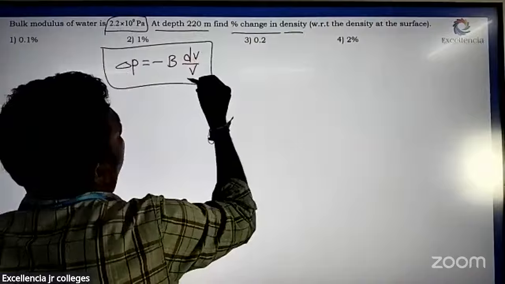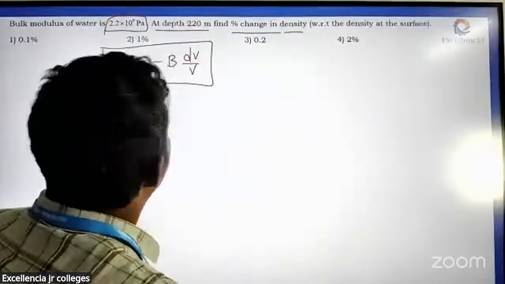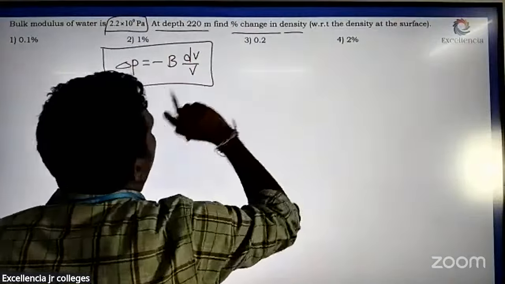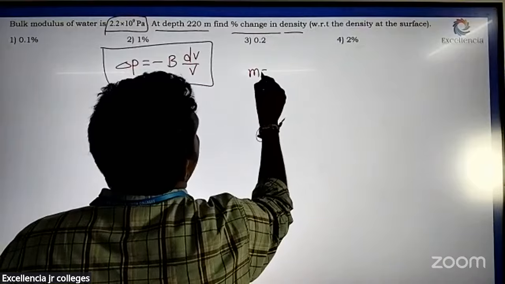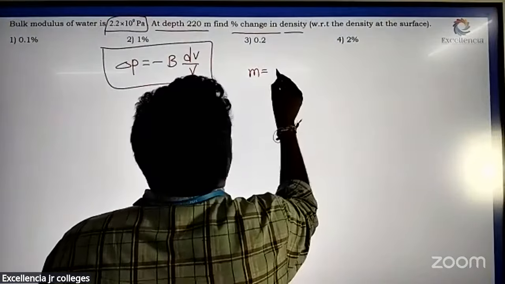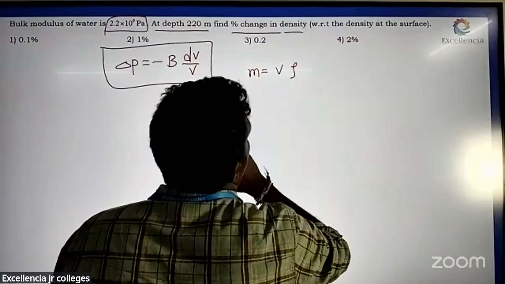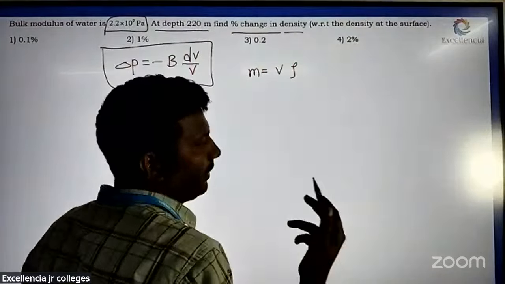We have the bulk modulus, but they are not asking the change in volume. They are asking what the change in density is. From mass, the formula is mass equal to volume into density. Mass of the given quantity will be constant.